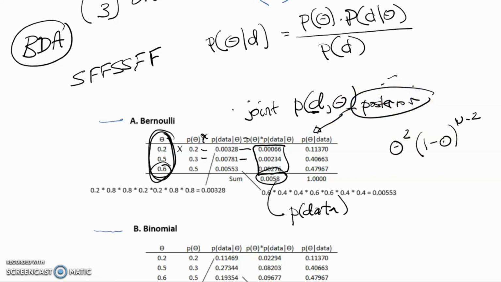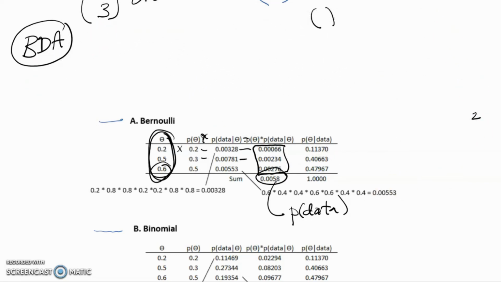This is what we're really interested in. This is our posterior distribution. How do we get our posterior? The posterior distribution is the probability of theta given data.